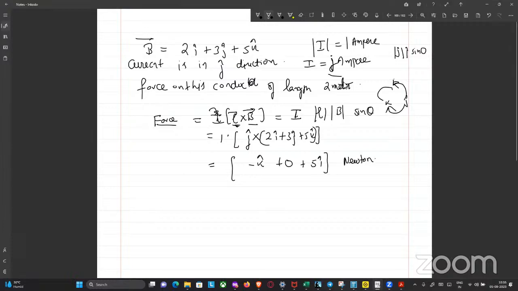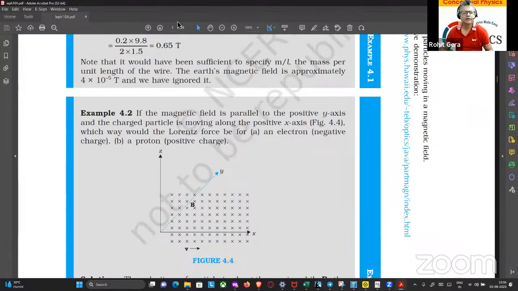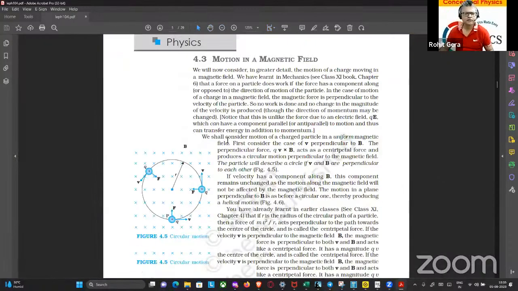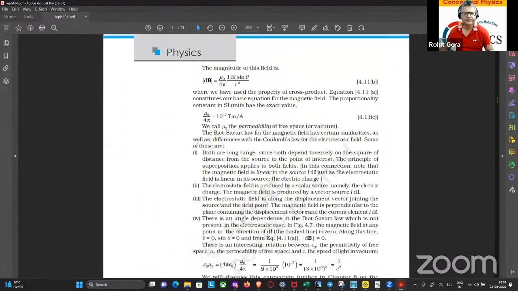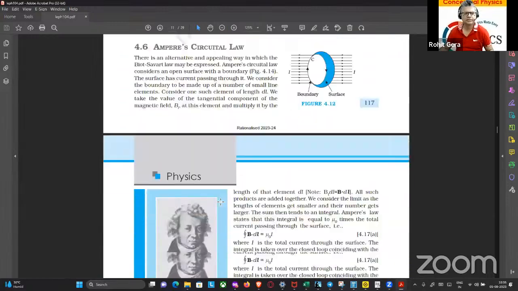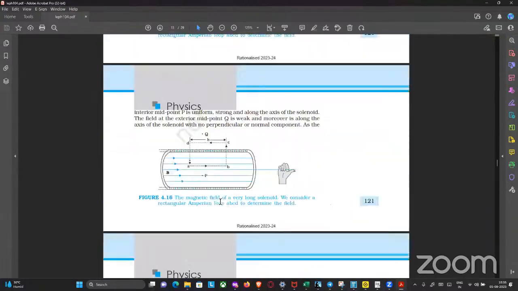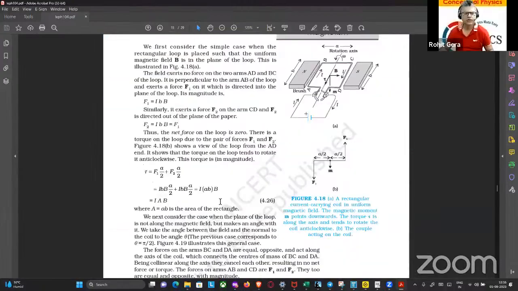Okay, nothing great about it. Let me see if there are more. We had practiced the moving charge, solenoid.